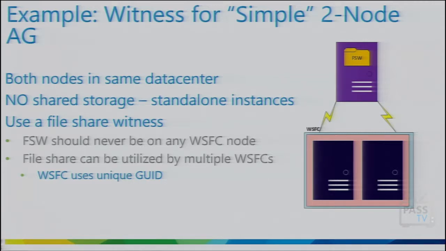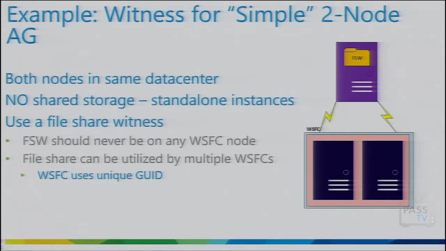It's just going to be node majority. So if you're prior to Windows 2012 R2 and you don't have dynamic witness or witness configured, you lose one node, you lose your cluster because you hit 50%. So one thing that you have to do if you have a 2-node AG configuration with standalone instances is configure a witness.